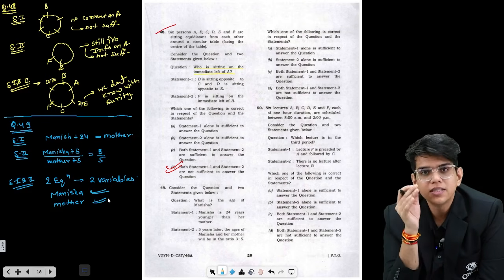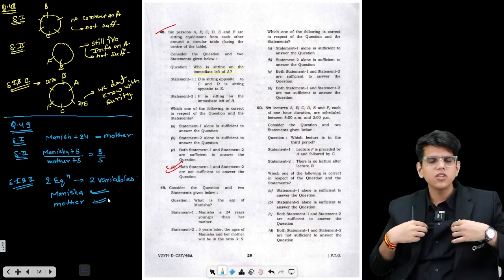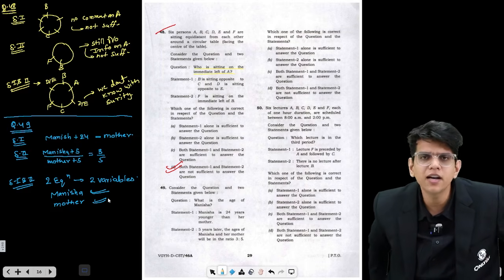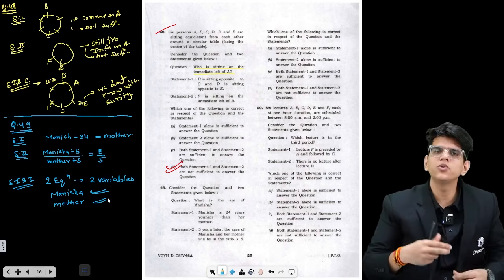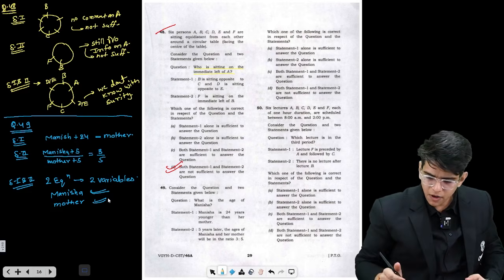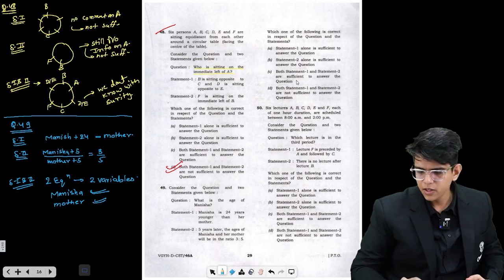You know that statement 1 and 2 together are sufficient to answer the question, because statement 1 and 2 are leading you to two equations, and if there are two equations in two variables, you can always solve the question to get to the answer. So now I know both statement 1 and 2 together are sufficient to answer the question.